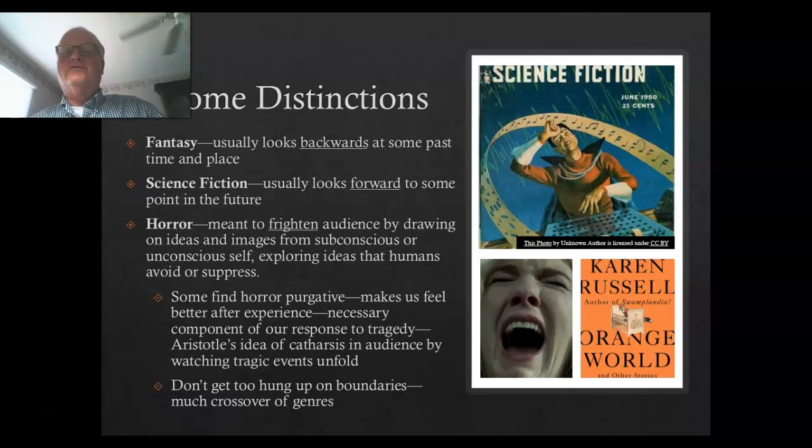Those are things that science fiction tends to project into the future in a way that allows them to comment on the present. And again, I don't read science fiction as a rule. I've read very little Arthur C. Clarke or any of those classic guys.